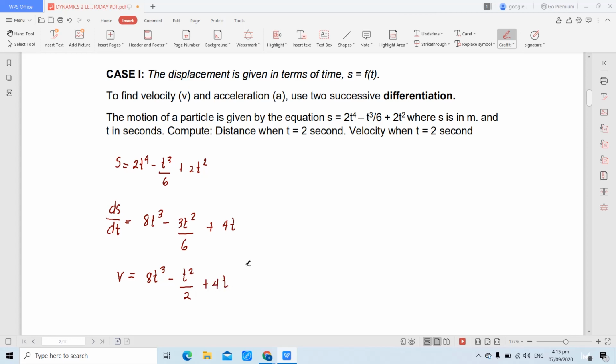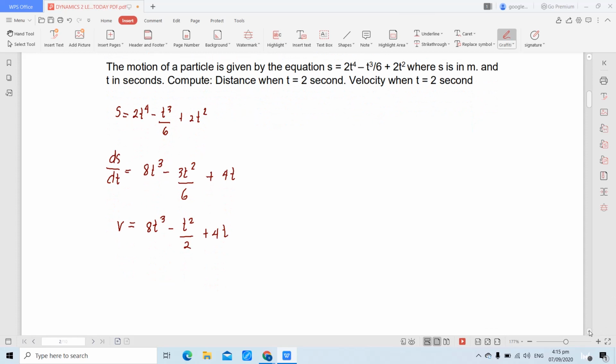As you can see, we have derived the velocity as a function of time. What we need is the velocity after t equals 2 seconds. So we just substitute the value of time, which is 2 seconds, to get the velocity. Therefore, velocity is equal to 8 times 2^3 minus 2^2 over 2 plus 4 times 2.